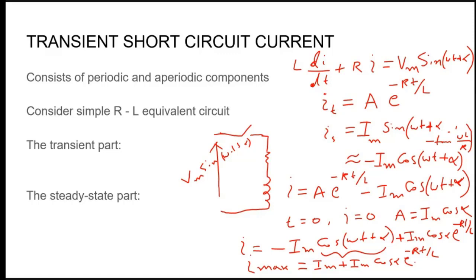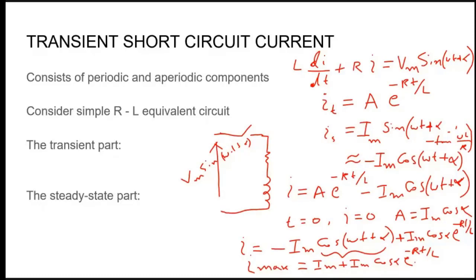Its time constant is normally such that in 1-2 cycles of the sinusoidal voltage, not much decrease in the exponential term will happen. That's why approximately t equals 0 will hold for this.